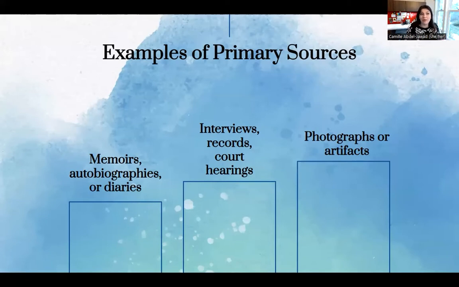It's an excellent memoir that talks about a really small snippet of time. Chanel Miller is the victim of the Stanford sexual assault case. That is a really historical moment that she addresses through her personal experience, which is a great example of a primary source.